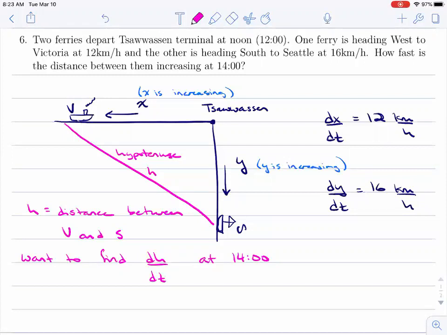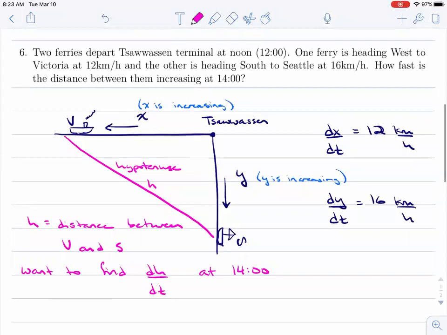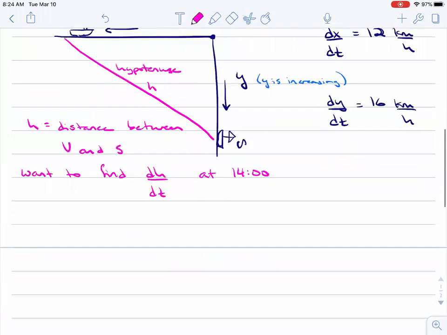At this exact time point, I can evaluate this derivative dh dt. At 2 o'clock, the two ferries have traveled for 2 hours. We know how fast they're going, so that's how I'm going to be able to figure out what x and y are. I'm going to sit on that for a little bit, but that's the reason we need that time point we're interested in.